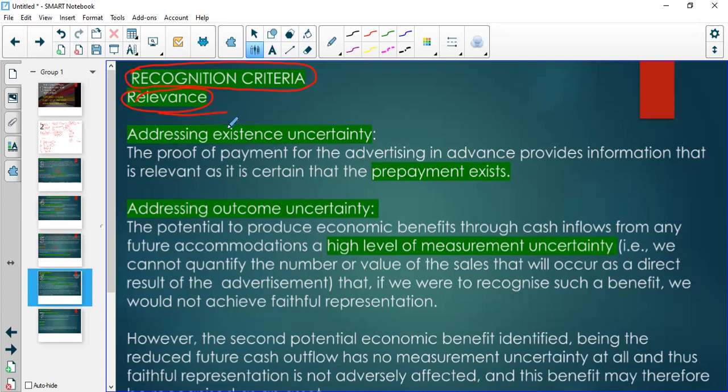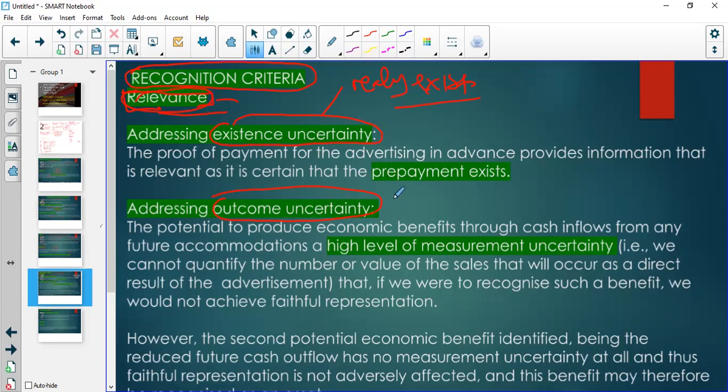In dealing with relevance, we have two uncertainties. The first uncertainty is existence uncertainty. Do the rights really exist? Then we also address what we refer to as an outcome uncertainty. These two forms of uncertainties come under relevance when we consider the relevance of recognition.